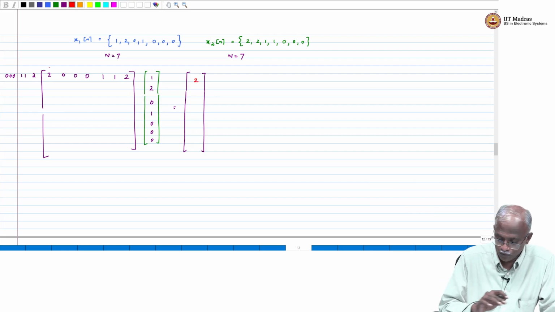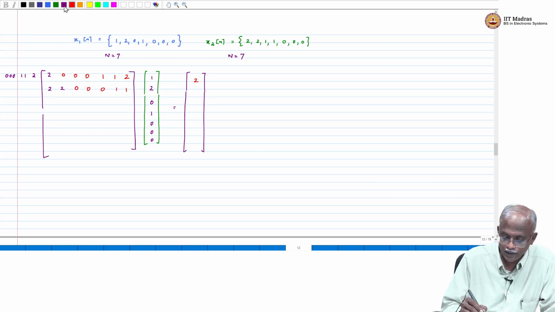Now shift it one more step. Let me use a different color here so that we can visualize what is happening. The next step will be 2, 2, then 0, 0, 0, 1, 1. Then let's quickly write down the rest.